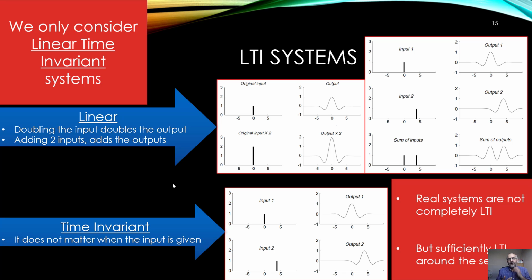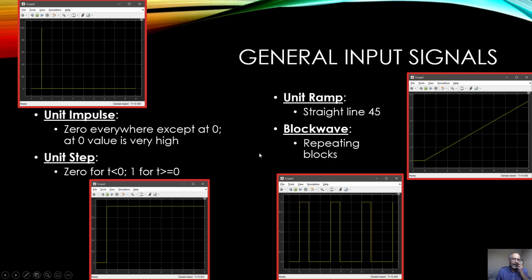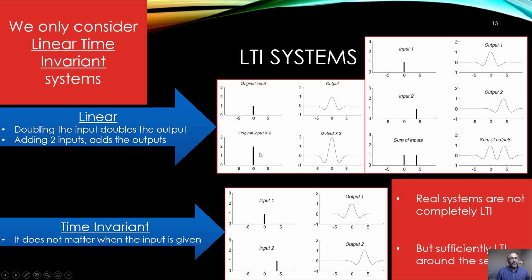Most systems that we want to control are LTI enough to be useful. But still, I want to mention it because for the theoretical understanding of our feedback control and the Laplace transform, it's important to realize that we actually want our system to be as LTI as possible.